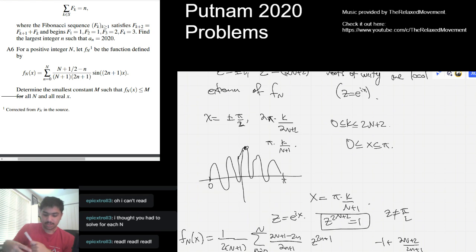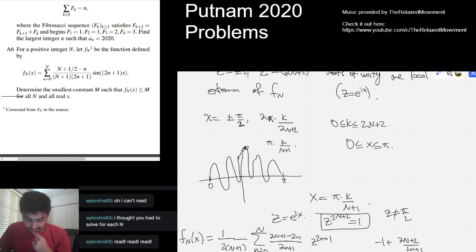This graph is actually wrong that I drew right here, this wavy graph. It ends up looking different. And if you actually compute the derivative and write it out... Wow, okay. This problem is actually kind of nice.